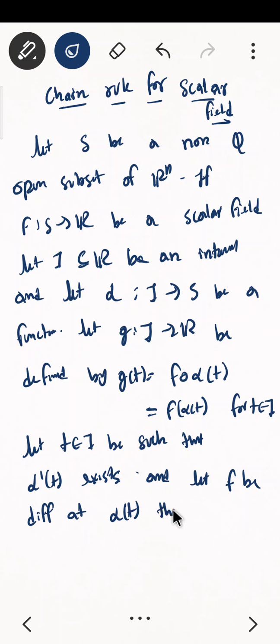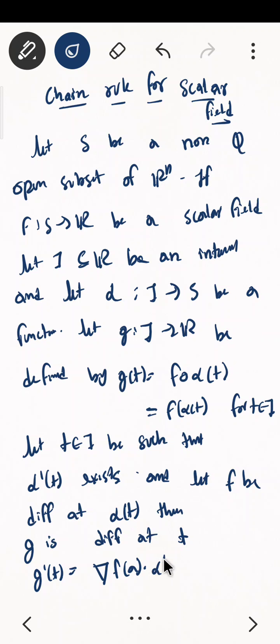Then g is differentiable at t, and g dash of t is given by delta f of a multiplied by alpha dash of t.